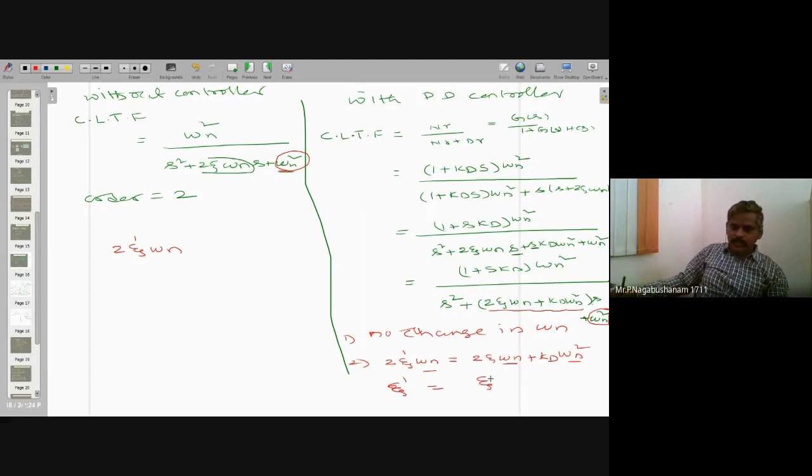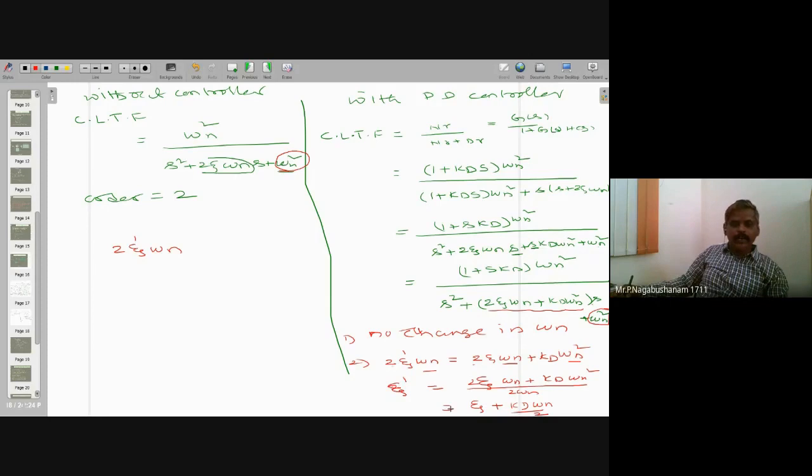Otherwise, let me write one more step: 2 zeta omega n plus Kd omega n square divided by 2 omega n. If I write it separately, the 2 gets cancelled, omega gets cancelled, the remaining one is zeta plus again Kd omega n square by 2 omega n. Omega n gets cancelled, then Kd omega n by 2.